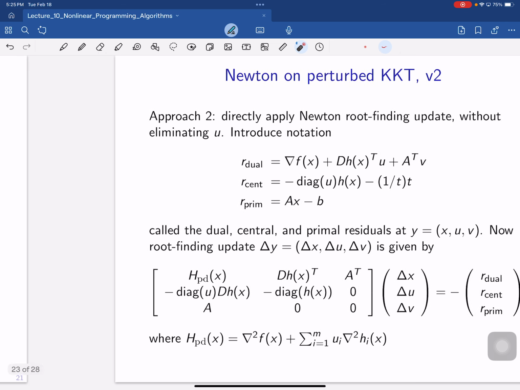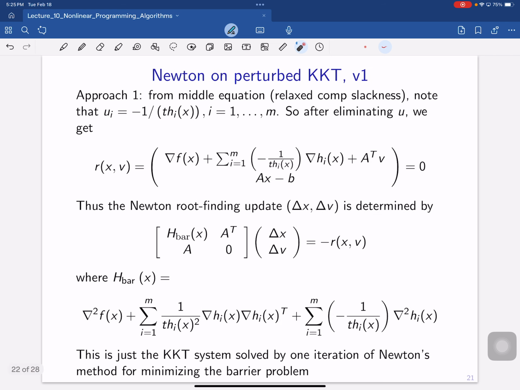And there's another way to look at this problem, which is to get rid of some of the variables by replacing the complementarity constraint. So recall that what we have is the complementarity constraint mu_i times h_i(x) equals minus 1 over t.